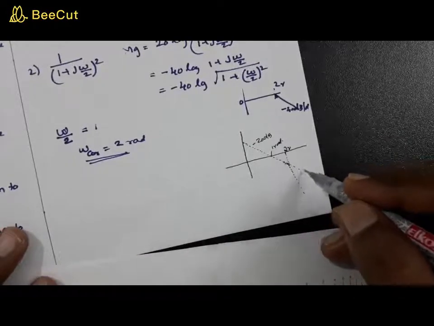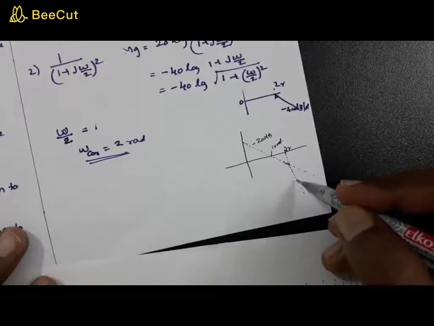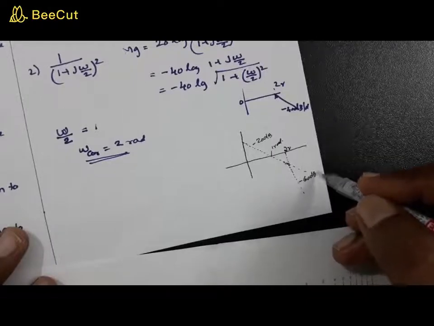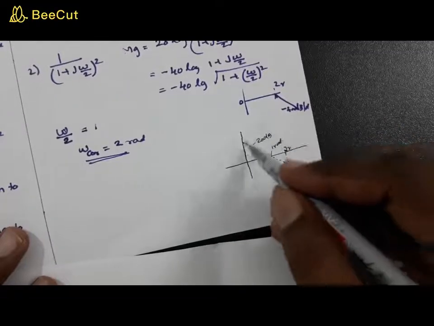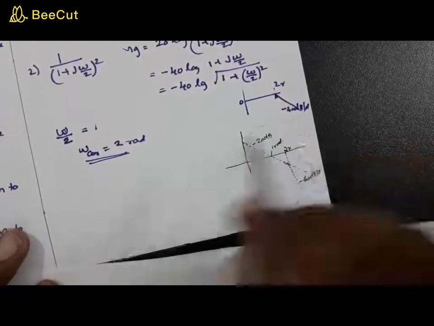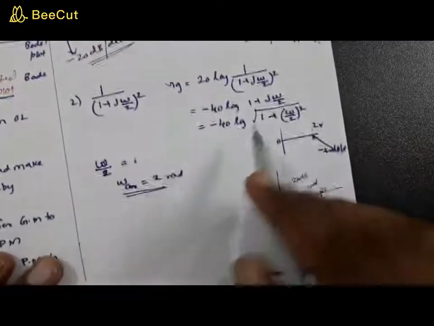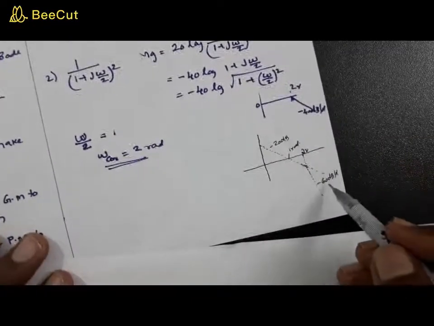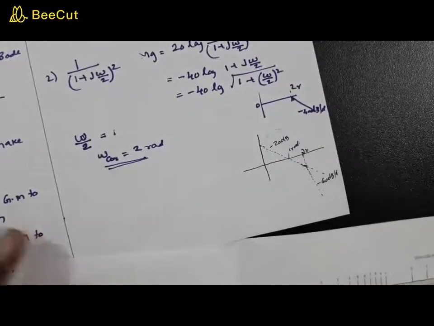So that means from this point onwards, this is having another slope. This won't be having a 20 dB. This will be having another slope, and this slope will be minus 60 dB per decade. Why? Because already this was having a minus 20 dB, and because of this factor, it offers another minus 40 dB per decade. So effectively, you will be having a minus 60 dB per decade.